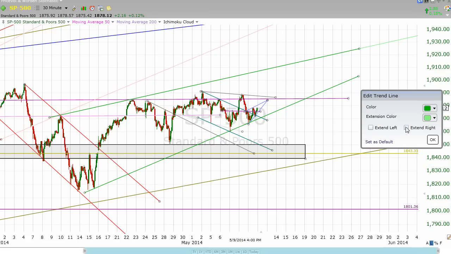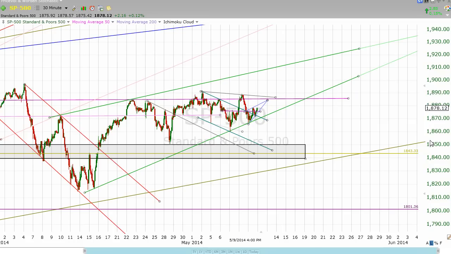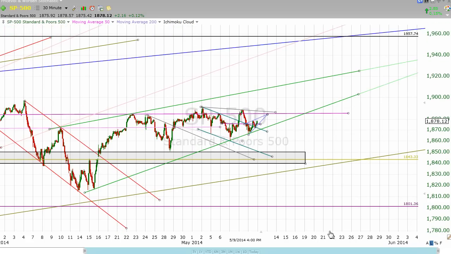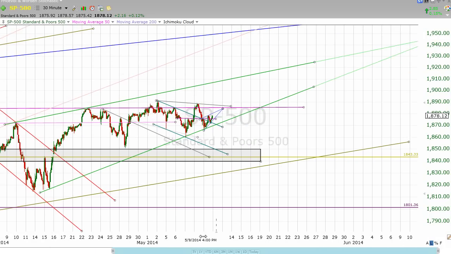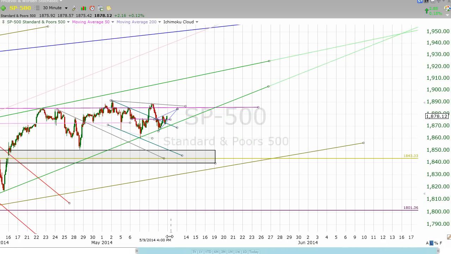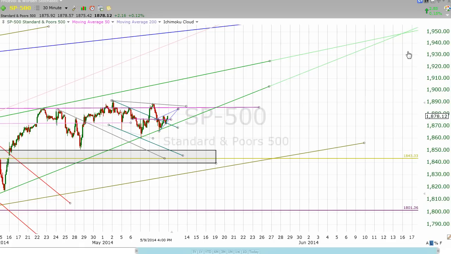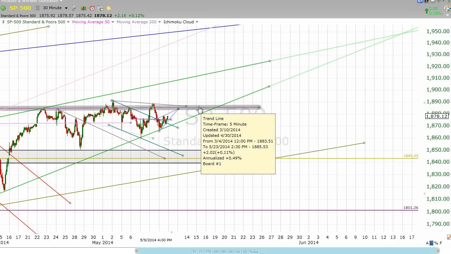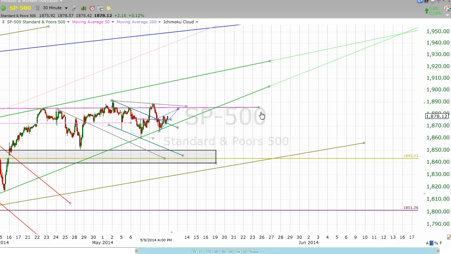I'm saying extend right. And now let's see where we have an apex just under 1950. So even if this works as a rising wedge, we still have some room to go, but we've got to get up over 1885, 1884.